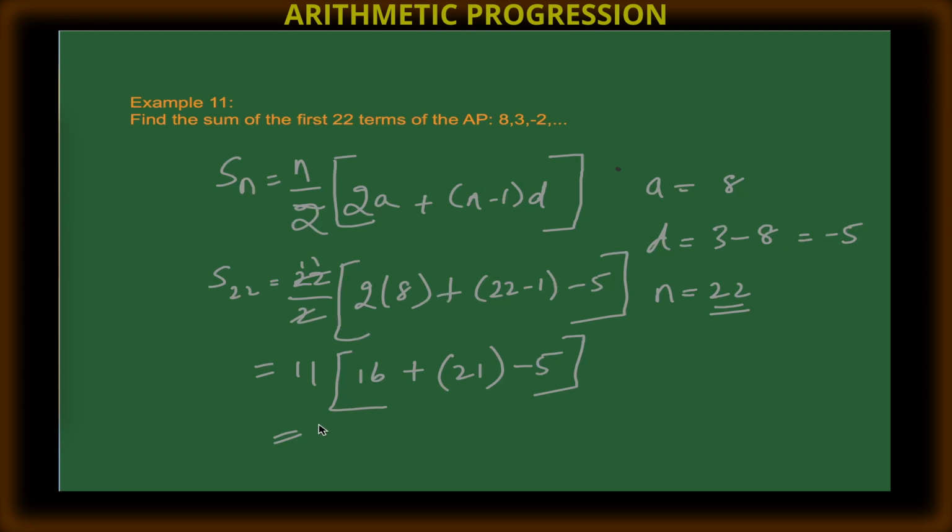So let's simplify further. 11 into 16 plus, minus 21 5s are 105. So let's further simplify. How much does it become if you remove 16 from 105? The sign will be minus. It will be 89.